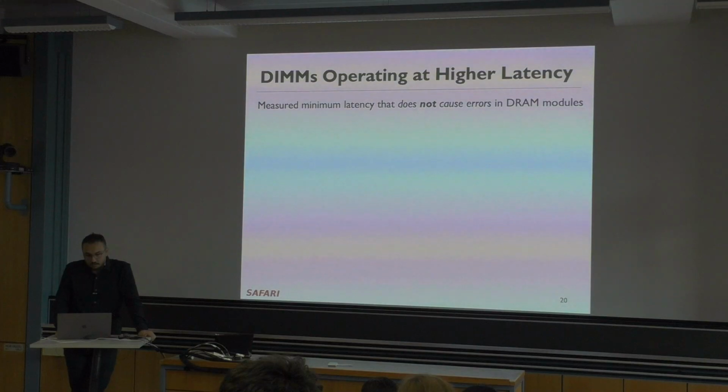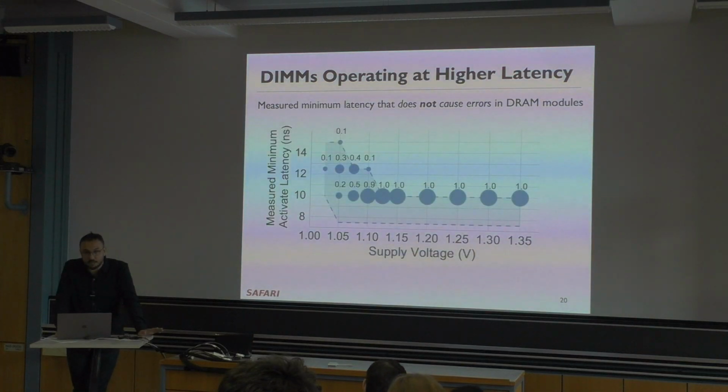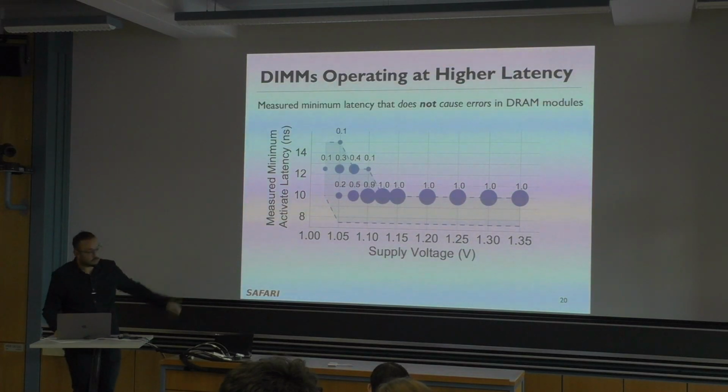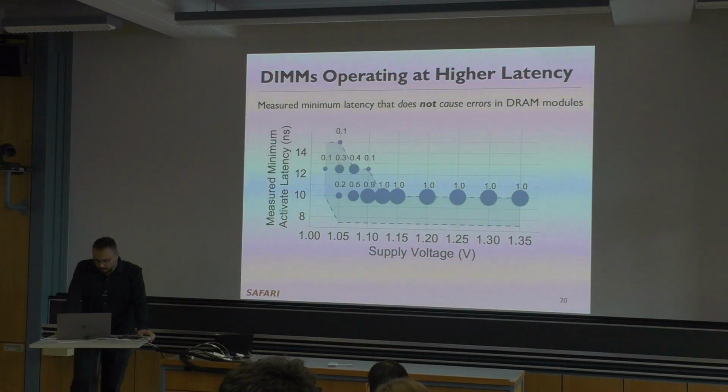So here I will show you the measured minimum latency that does not cause errors in DRAM modules. Here we see a bubble plot. The bubble sizes show the population of the DRAM chips that we observe. We observe reliable operation at the given voltage and latency on the x and y axes respectively.